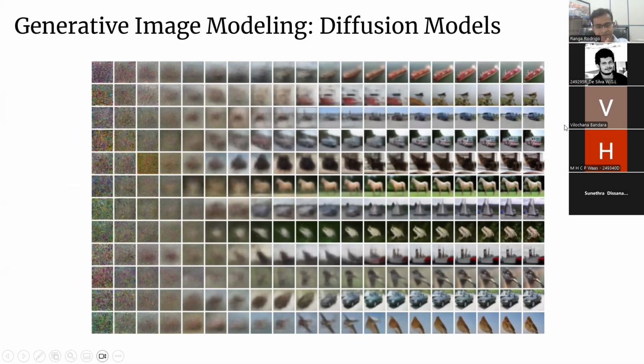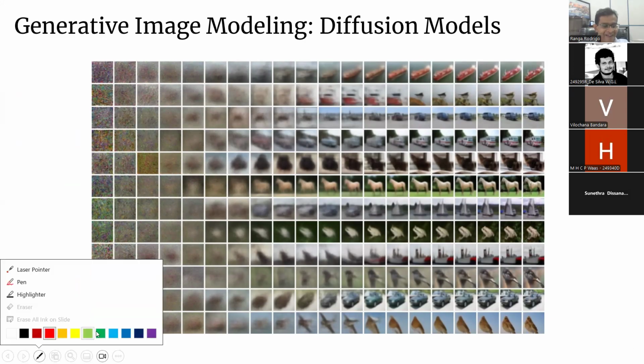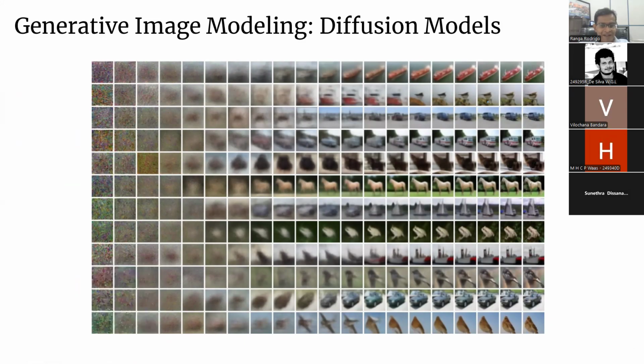So how do you do this? This is very simple. You start adding noise to the image. I'll write noise, I'll write sigma. Add noise to the image.